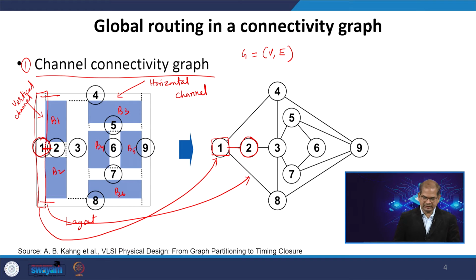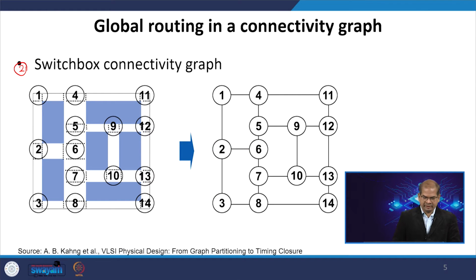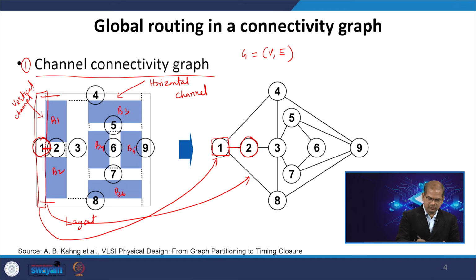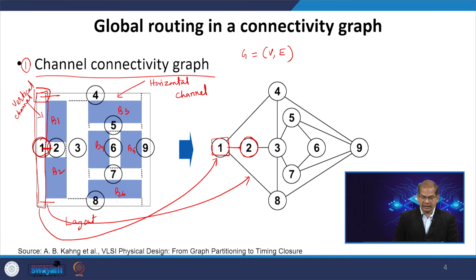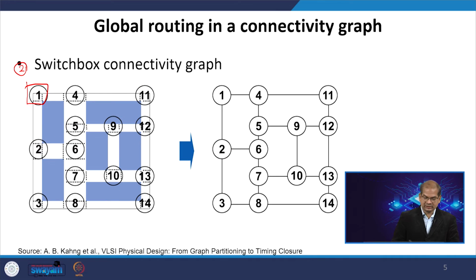If you can see the next diagram, channels 1 and 4 in the connectivity graph cross at certain points. Here there is a switch box, which corresponds to this one. Similarly, 1 and 4 and 3 are connected here, so this creates a switch box.